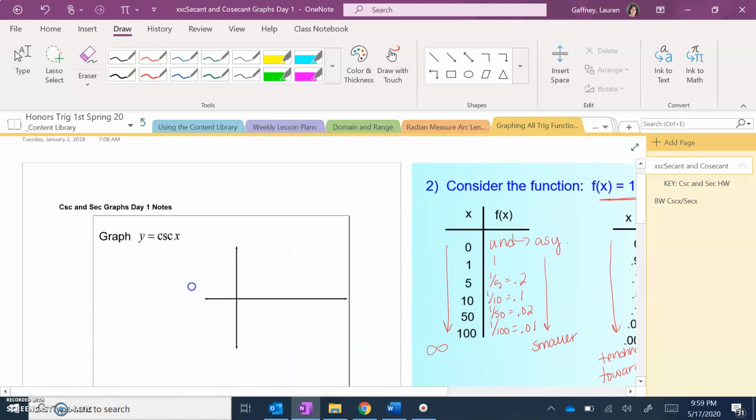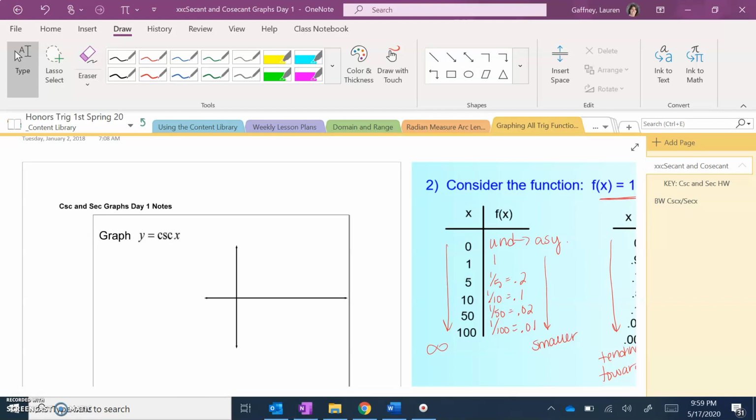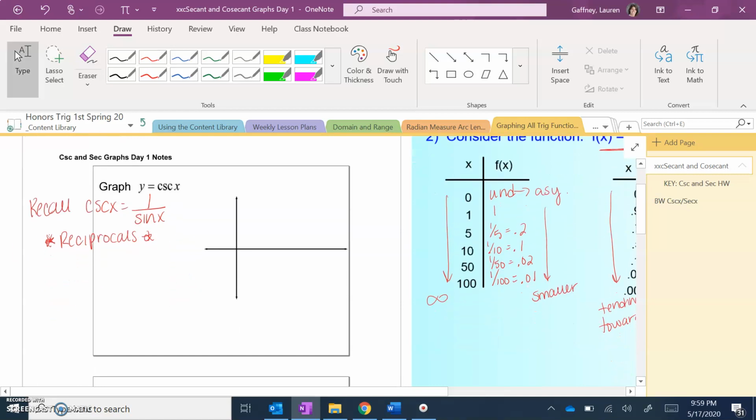All right, so let's come over here and lay a little bit of the groundwork for cosecant. First of all, recall that cosecant is the reciprocal of sine, so 1 over sine. So let's remember that these are reciprocals. Let's start by thinking about sine first.